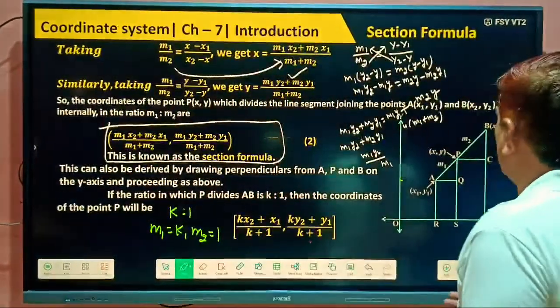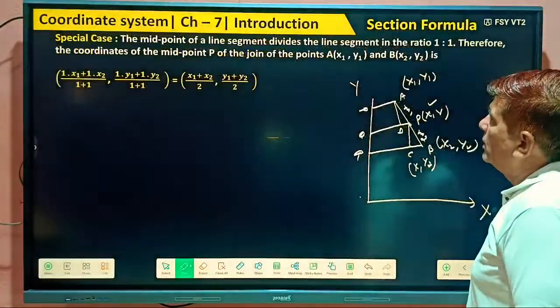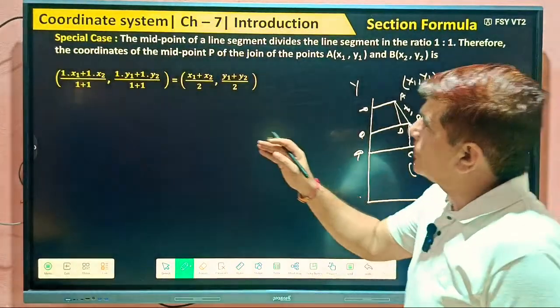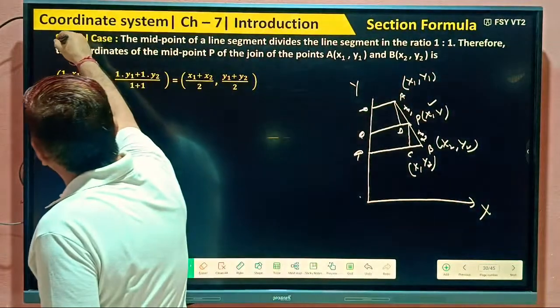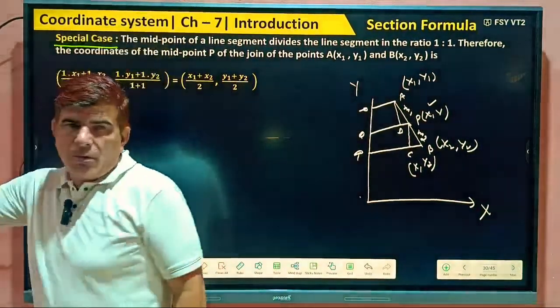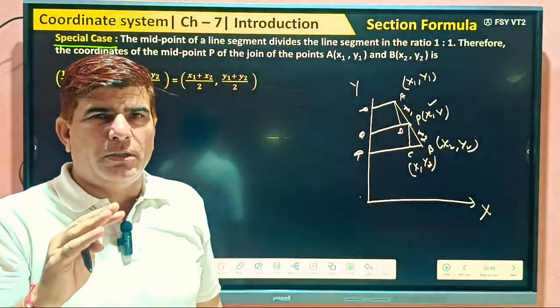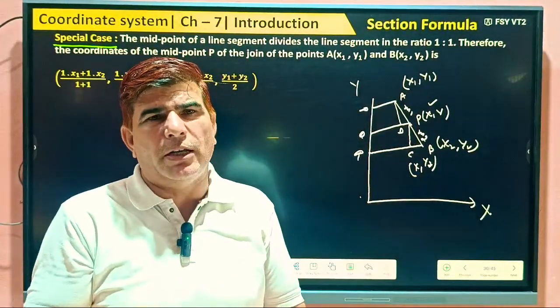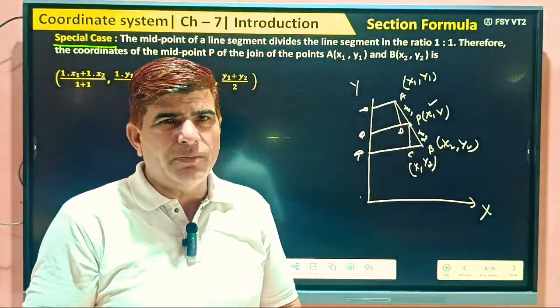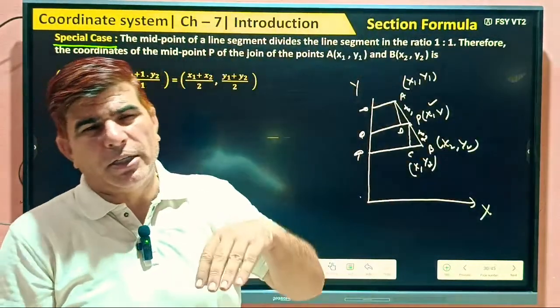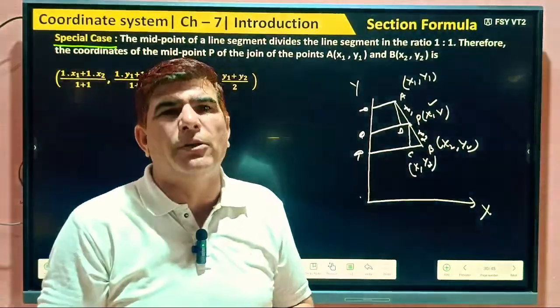And what happened? I already told you there are two formulas in this chapter. One is the distance formula, the other is the section formula. And a special case of the section formula is the midpoint formula.